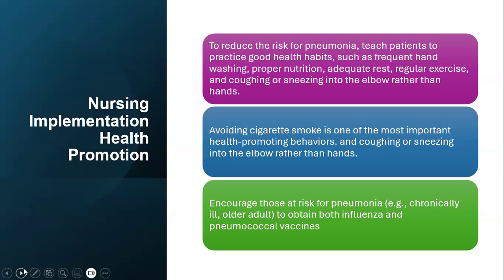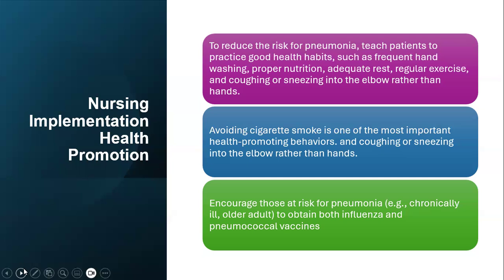The first one, to reduce the risk of pneumonia, please teach the patient to practice good health habits such as frequent hand washing, proper nutrition, adequate rest, regular exercise, and coughing and sneezing into the elbow rather than hands. Second, avoiding cigarette smoke is one of the most important health promoting behaviors.